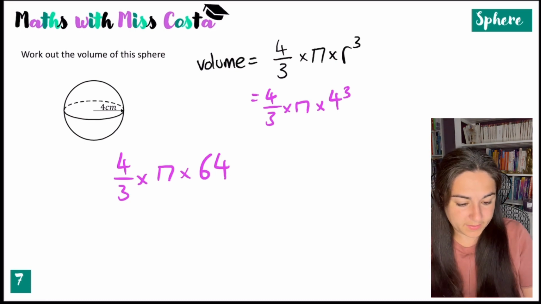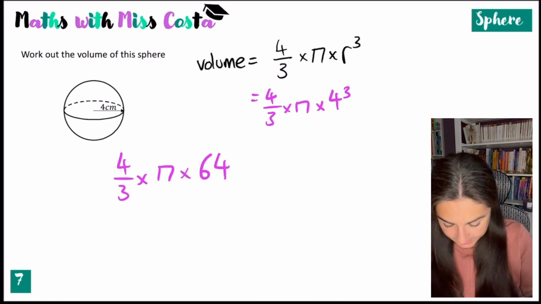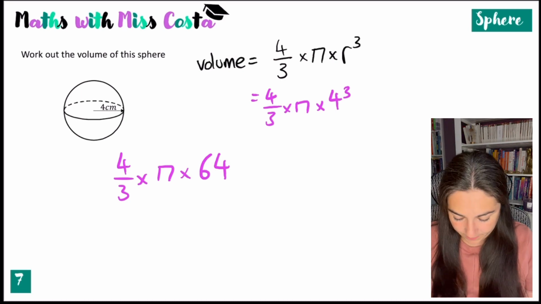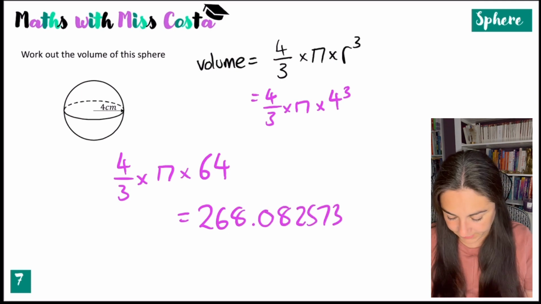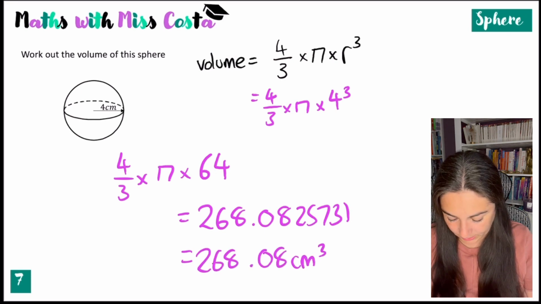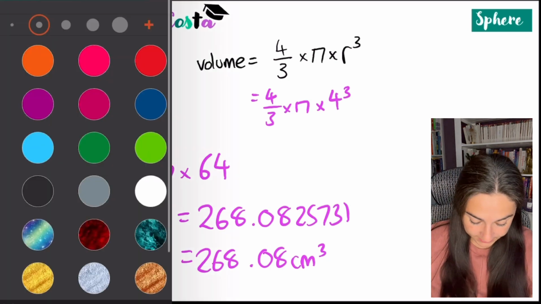You'd write 4/3 times pi, so pi is shift times 10, times 64. That would give you 268.0825731, round to 268.08 centimeters cubed.